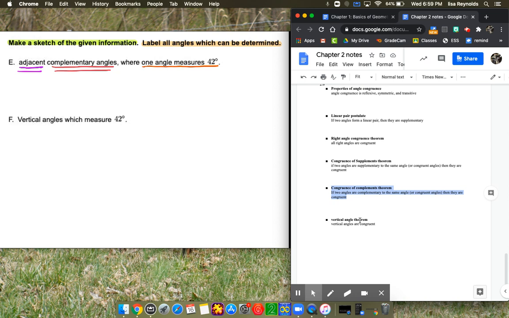So complementary means that they're going to have a sum of 90 degrees, and adjacent means that they have a common vertex and side, but no common interior. So I'm going to make two angles that are connected to each other.